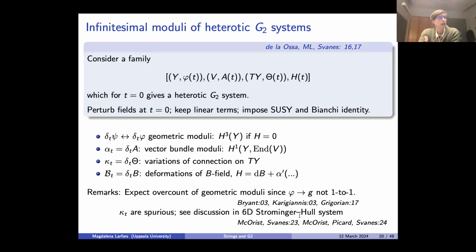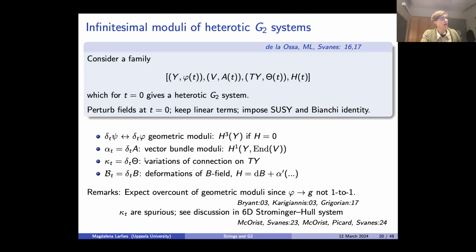So two remarks, if we look at this from a sigma model perspective, where we have the metric, B field and dilaton plus the gauge fields, then we see that there's not a complete match here between these different objects. So first of all, we expect a slight overcount of the geometric moduli, perhaps, since we can change phi without changing the metric. So that's something that we should bear in mind.